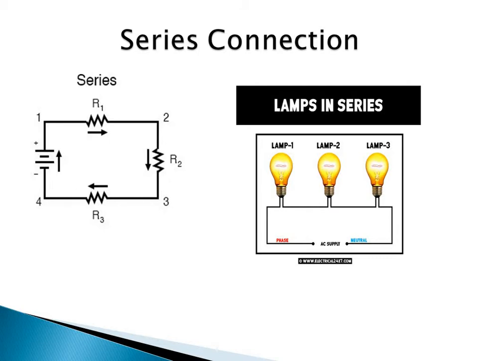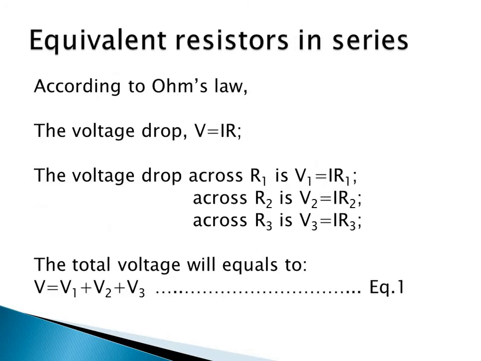Here in the first figure, the three resistances R1, R2 and R3 are connected in series. From that figure, we will see the equivalent resistance connected in series combination. According to Ohm's law, the voltage drop V is equal to the current flowing through that conductor times the resistance across it, where I is the current in ampere and R is the resistance in ohm.